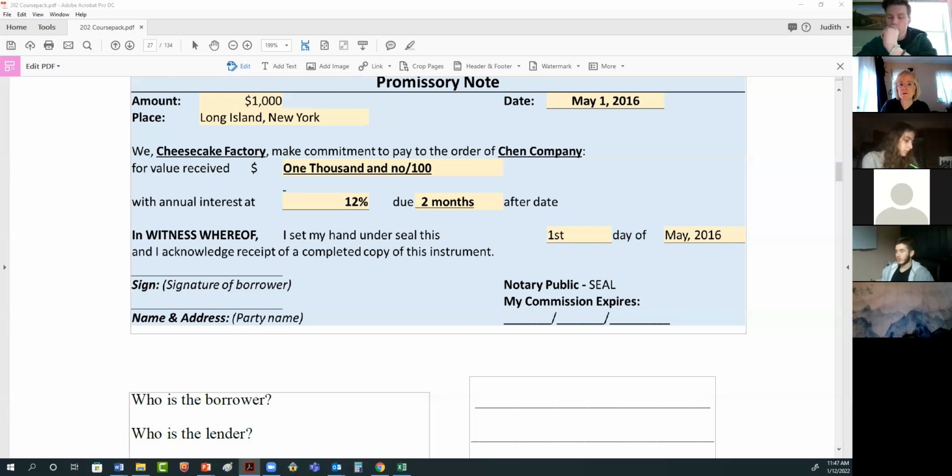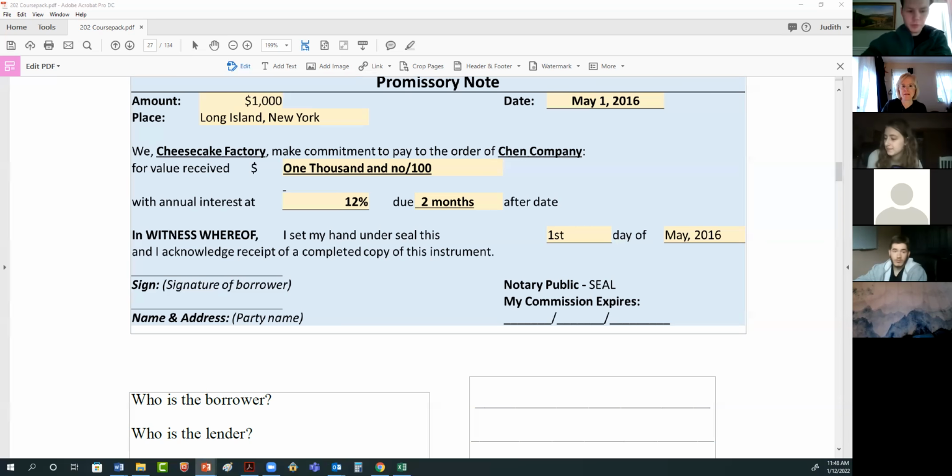If you borrowed $1,000 for 1 year, how much is interest in dollars if your borrowing rate is 12%? 120. Yes. So if you're only borrowing it for 2 months, it's got to be less than $120. It's 2/12 of $120. So how much is that? How much is that in terms of dollars? Oh, $20. Yay, you guys are getting it.